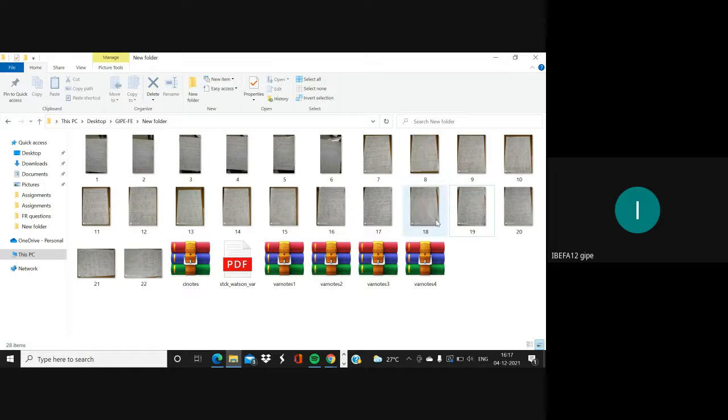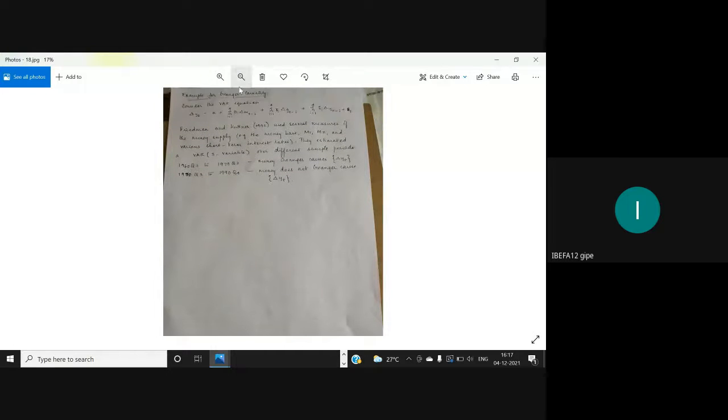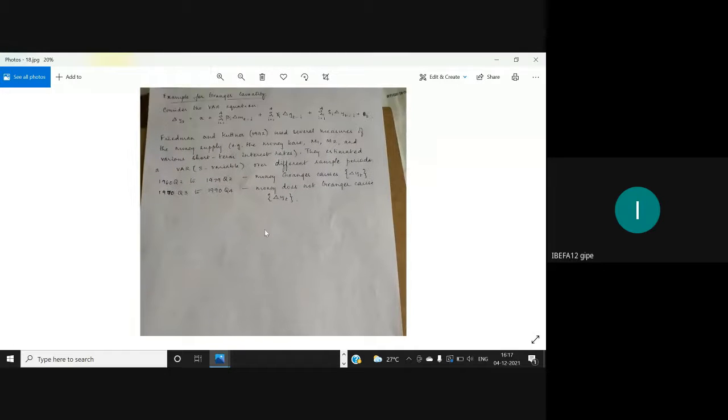One thing is, if you take this same equation here, you could also have a second equation where you have money supply on the left hand side and GDP on the right hand side. And then you can check if GDP Granger causes money supply.